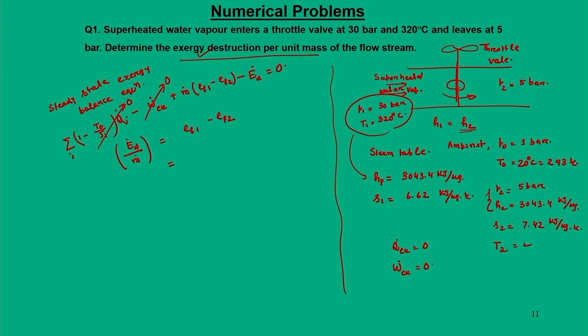We can further rewrite it as H1 minus H2 minus T0 into (S1 minus S2) plus (V1 square minus V2 square) by 2 plus g into (Z2 minus Z1). The velocity and elevation terms vanish because we have no information. H1 and H2 are the same, so they will vanish. So, it will be minus T0 into (S1 minus S2).